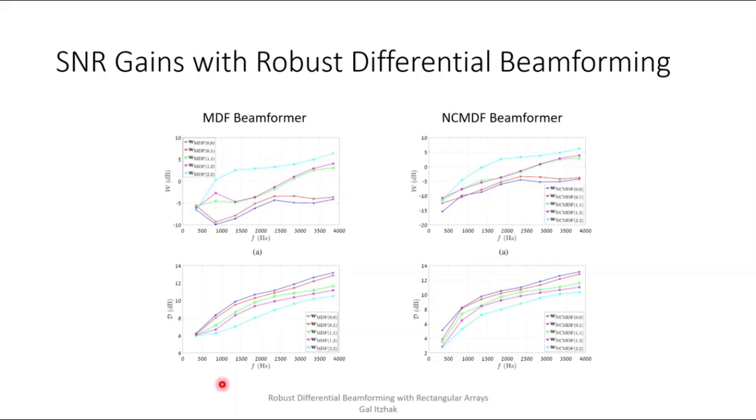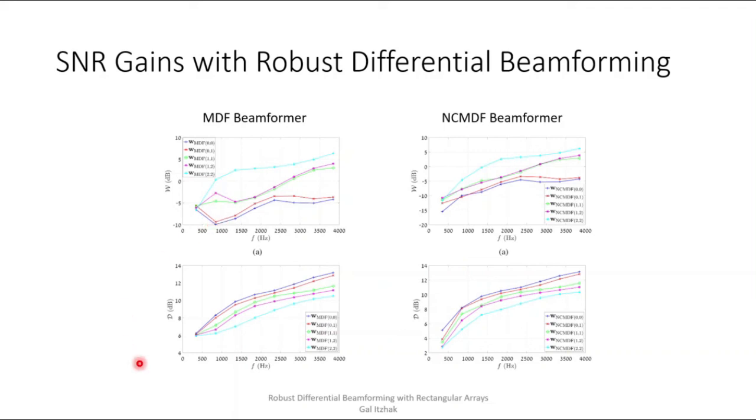And it's particularly interesting to focus on the 1 kilohertz frequency, since the human ear sensitivity to this frequency is very high. However, many high directivity differential beamformers tend to exhibit white noise amplification in it, as we can see right here.